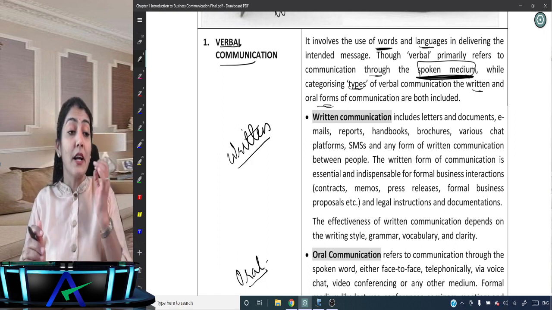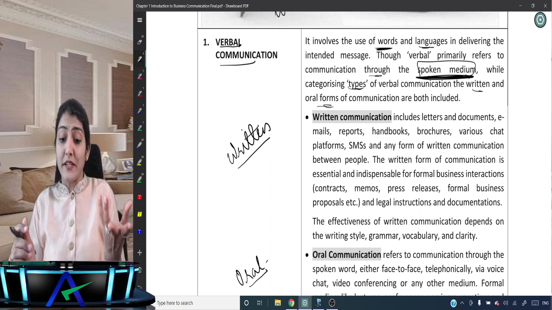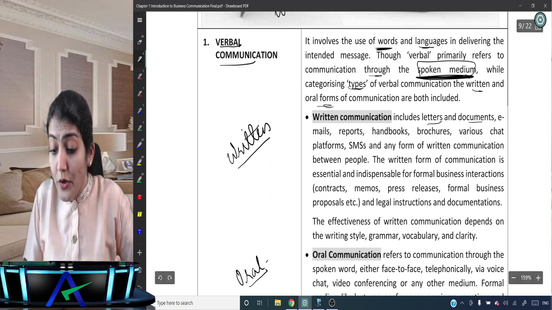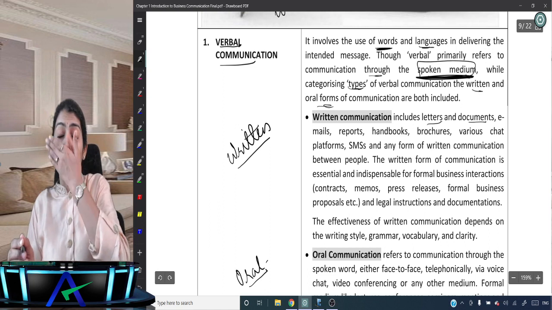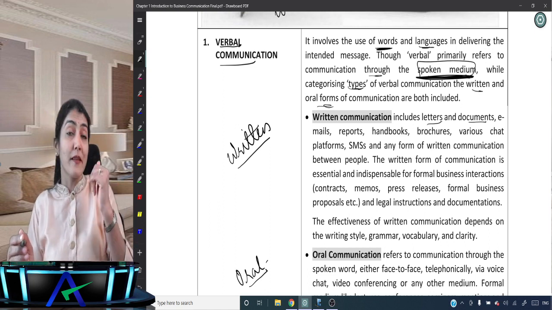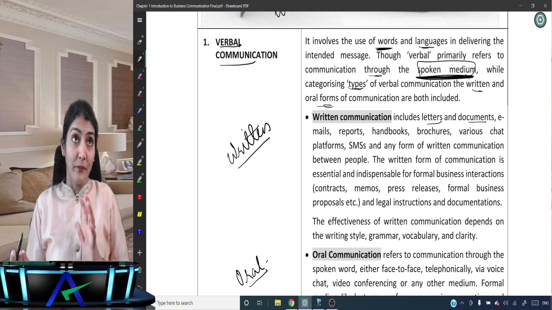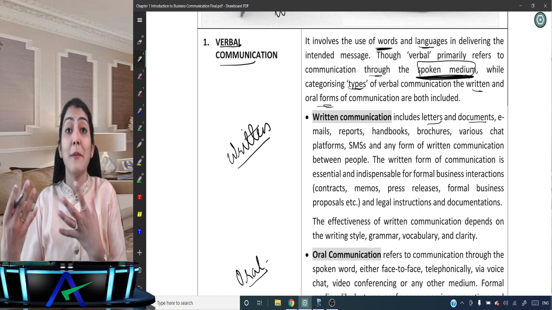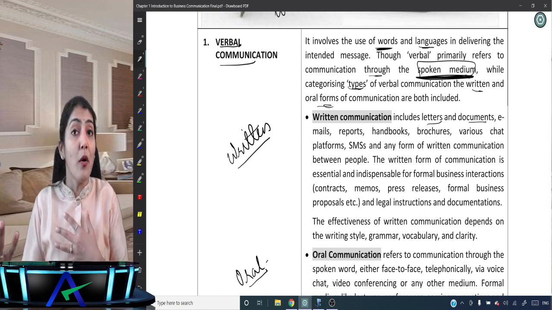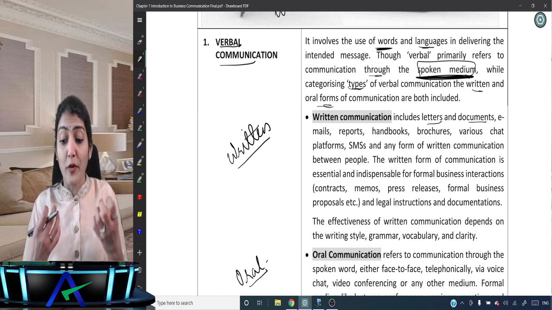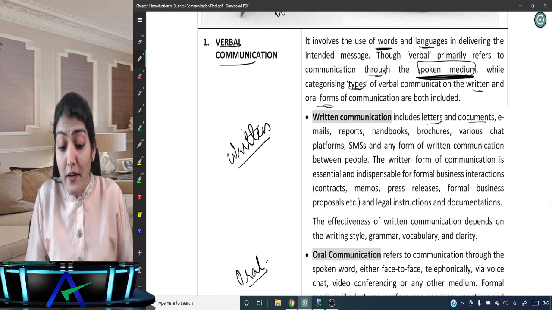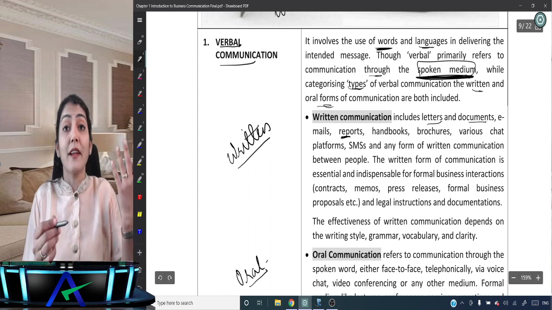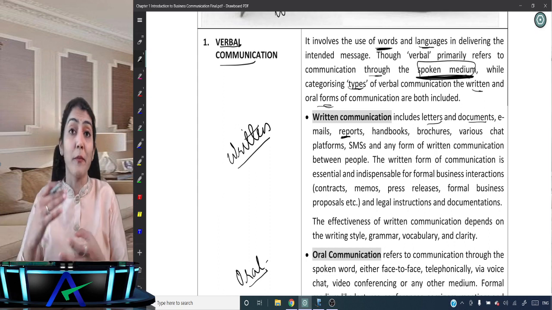Written communication includes letters and documents, and I told you in the next unit we are going to be talking a lot about the kinds of business letters, and email. I'm sure all of you have a Gmail account or a Yahoo account. Then reports, like your progress reports, or the annual report of the company.